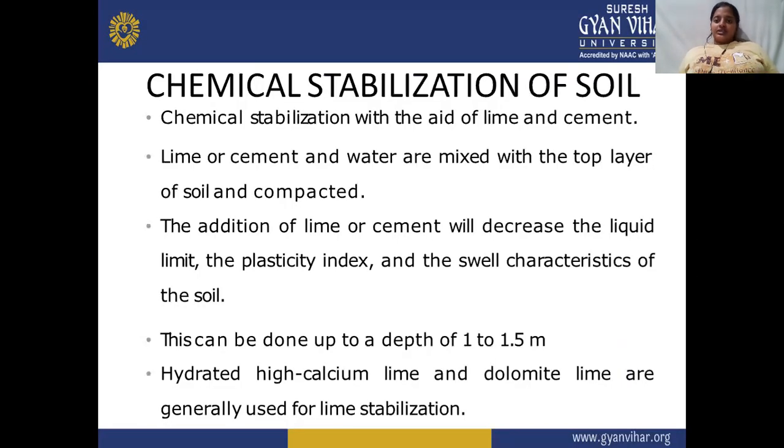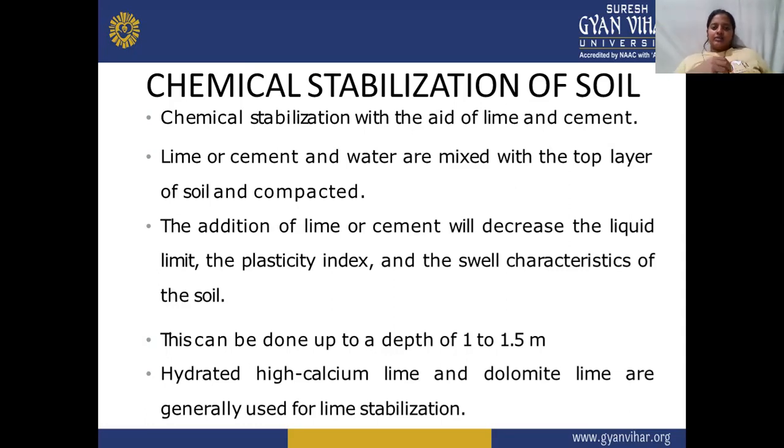The chemical stabilization of soil is done either by the addition of lime or by the addition of cement. The lime or cement and water are mixed into the top layer and the soil is compacted. What happens is, in the presence of water, the cement and lime particles react with the soil particles and form a bonding which hardens the soil and provides proper bearing capacity, for the soil to retain the load of the building.